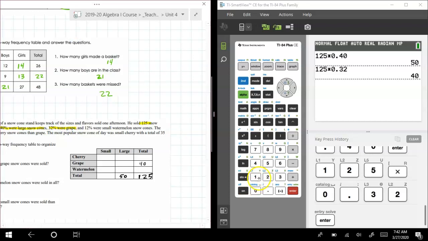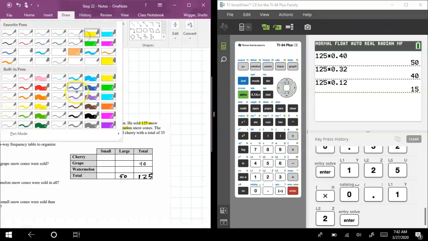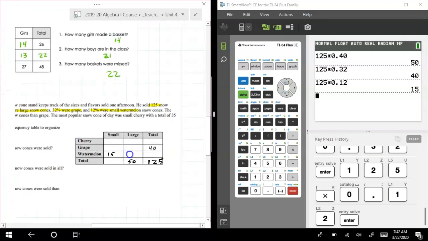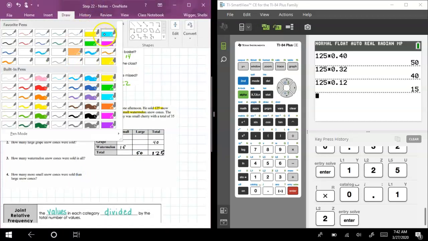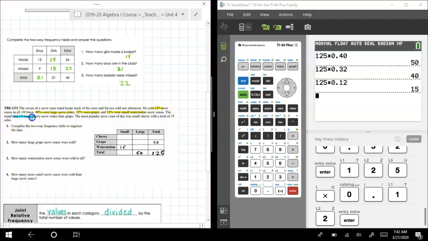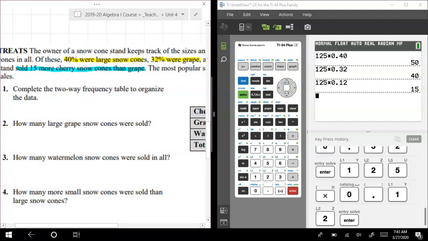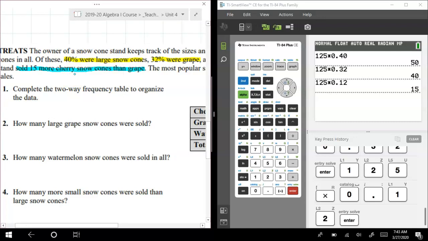And 12% were small watermelon. Okay, so those are the 3 percentages we know.